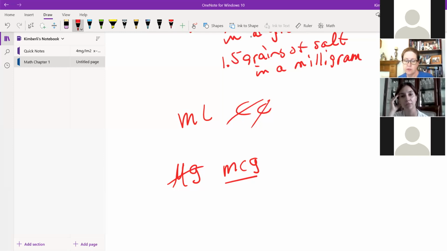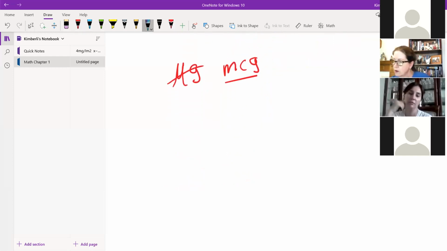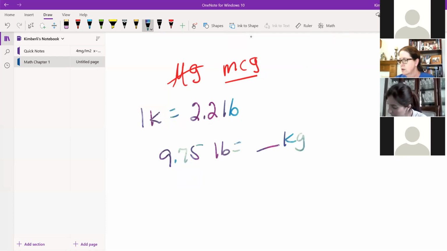And it's important to note, when my kids were born, let's go through the conversion factor real quick for kilograms and pounds. So my second son was 9 pounds 12 ounces, which is 9.75 pounds. So how much is that?